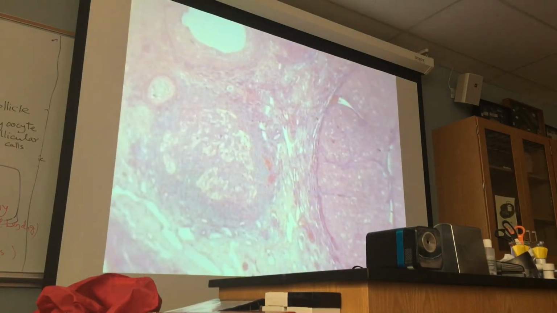Can you see this one? This whole structure here is a degenerating corpus luteum. A corpus luteum that is degenerating, or that is undergoing degeneration.